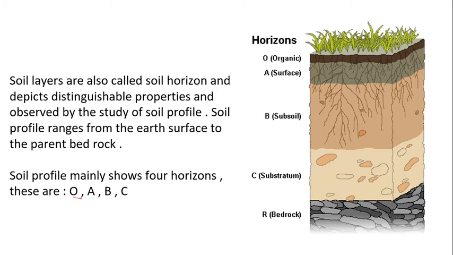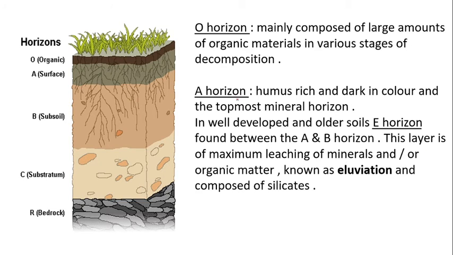These are O, A, B, C. O stands for organic materials. So in this layer, organic materials are found in large amounts in various stages of decomposition. Next is A horizon. A horizon or A layer is humus rich and dark in color and is the topmost mineral horizon.